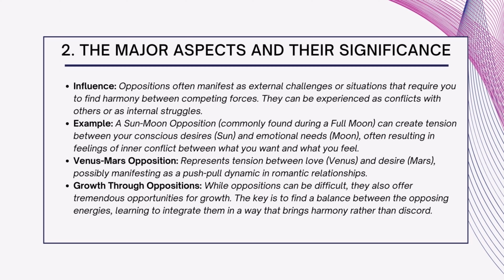Example: a Sun-Moon opposition, commonly found during a full moon, can create tension between your conscious desires, Sun, and emotional needs, Moon, often resulting in feelings of inner conflict between what you want and what you feel. A Venus-Mars opposition represents tension between love, Venus, and desire, Mars, possibly manifesting as a push-pull dynamic in romantic relationships.